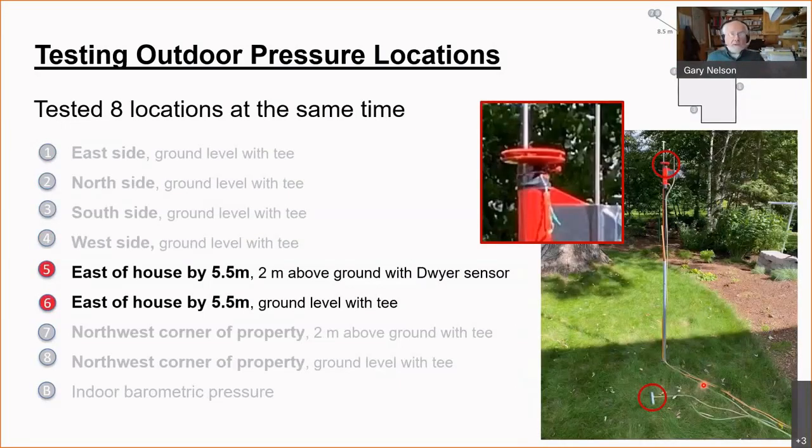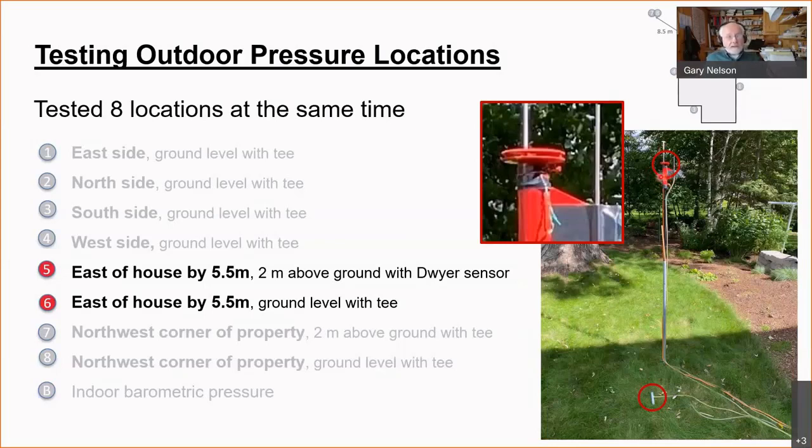So then I'm also measuring at 2 different locations away from the house. Here we see the number 5 and 6. Here I have a 2-meter tall pole that near the top has this red thing, which is a commercially available static pressure sensor from Dwyer Instruments.